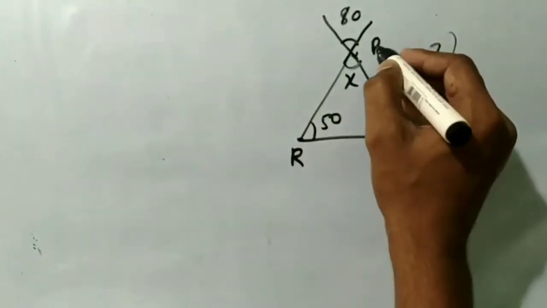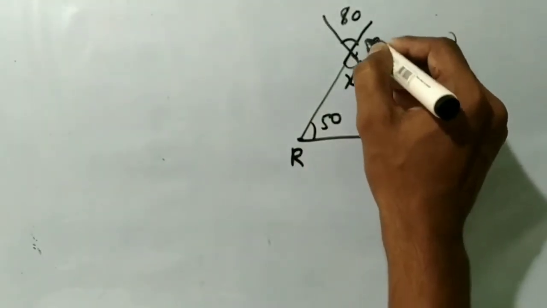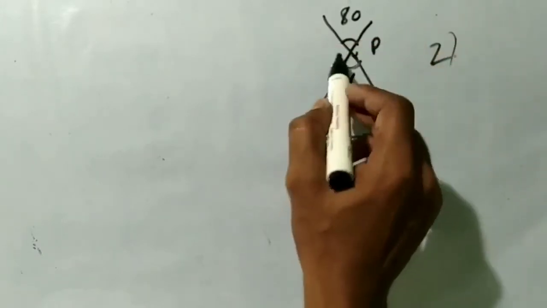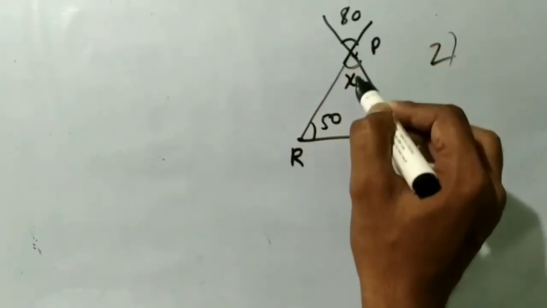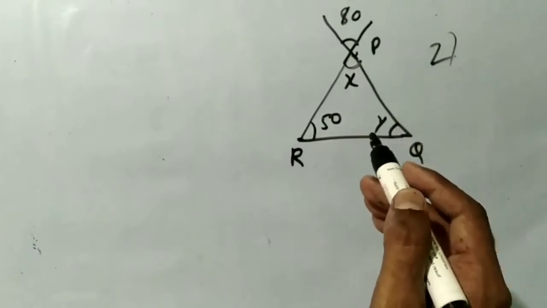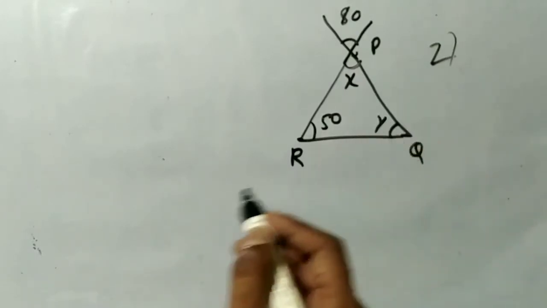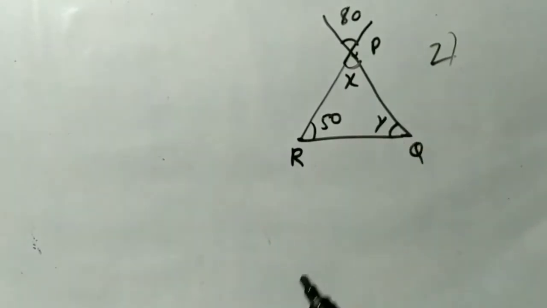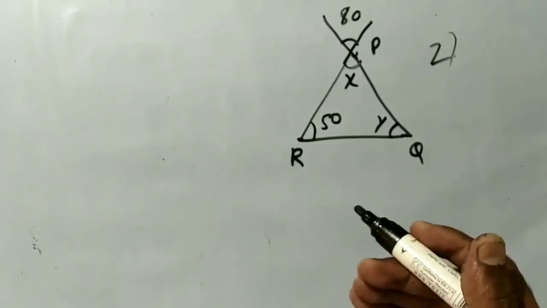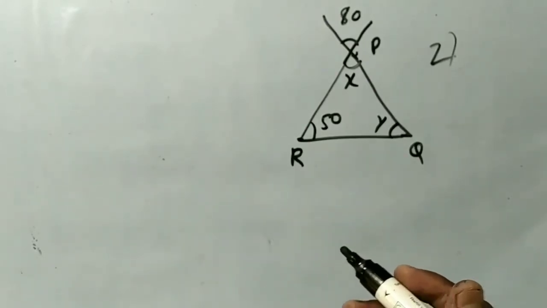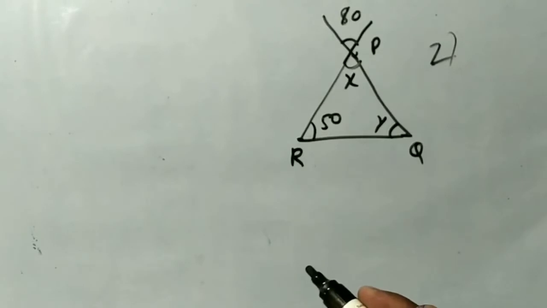Let us assume this angle is 1 and this angle is 2. These two angles are equal. We know vertically opposite angles are always equal. We studied in the previous video how transversal lines are formed, which angles are equal, and which angles add up to 180.